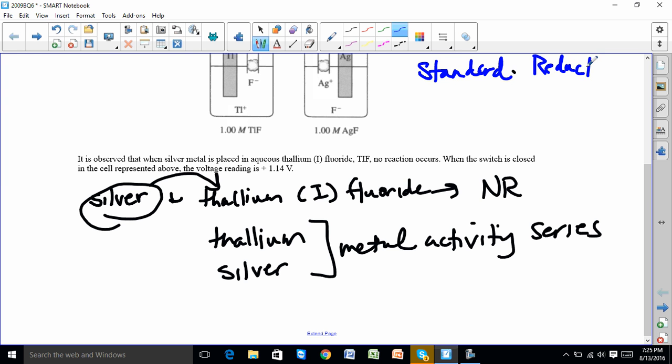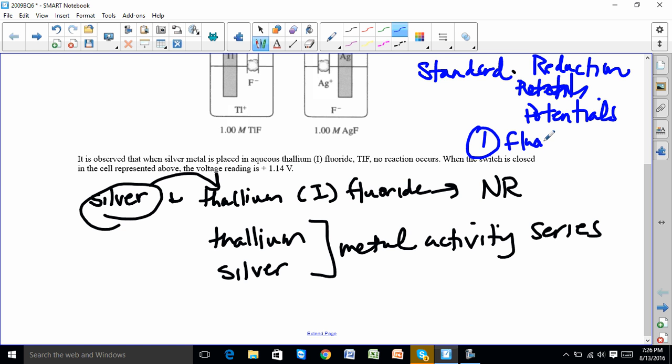And standard reduction potentials are a list in order of the thing that wants to be reduced the most, which you're going to see. Fluorine is up here, and chlorine, and bromine, and iodine. The nonmetals will be up here.